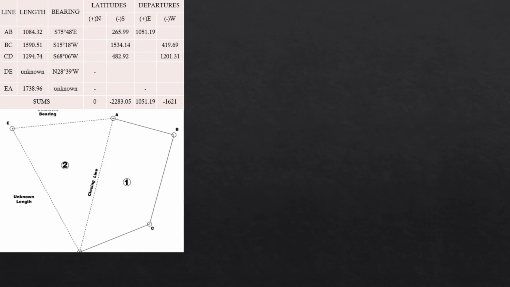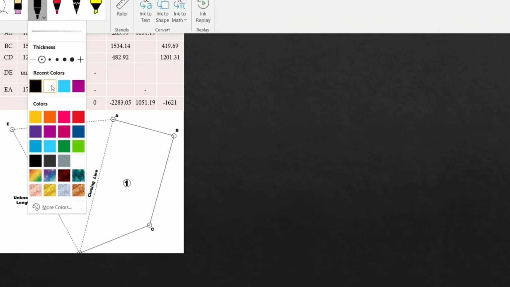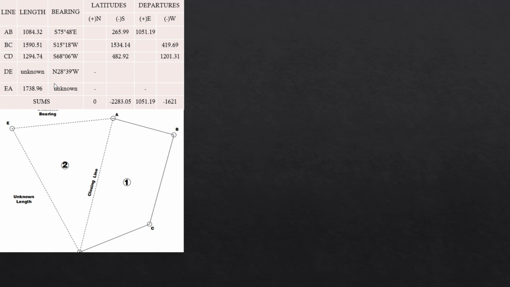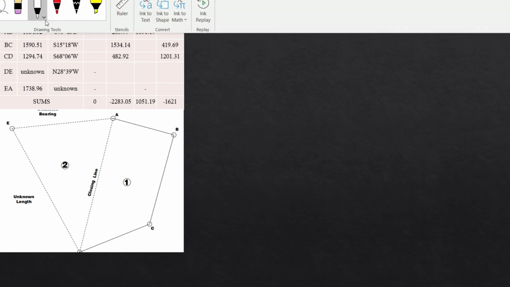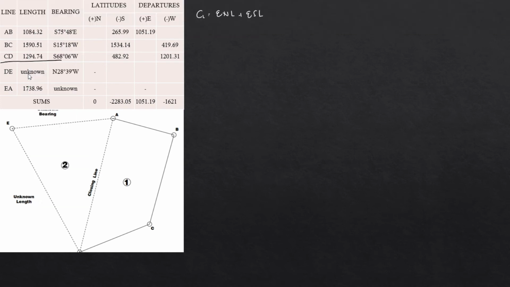Okay, so kunin natin yung CL. So, CL is equal to yung summation ng NL plus summation ng south latitude. Pero hanggang dito lang tayo sa CD. Hanggang dito lang muna tayo.